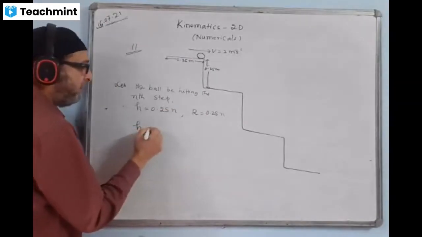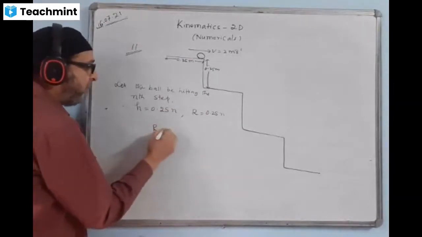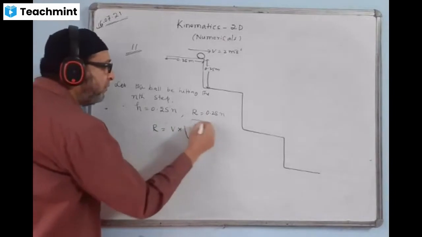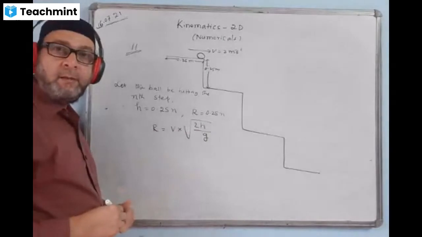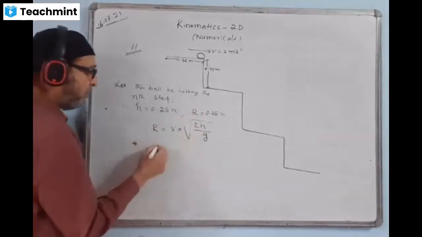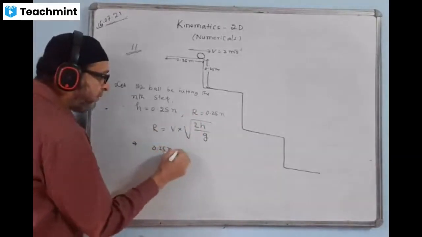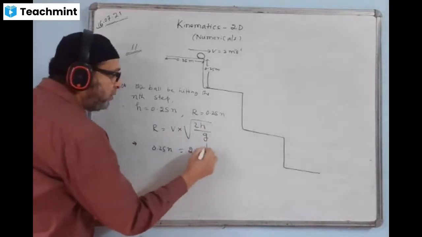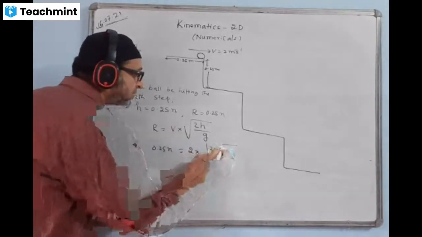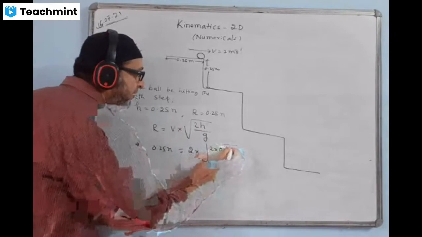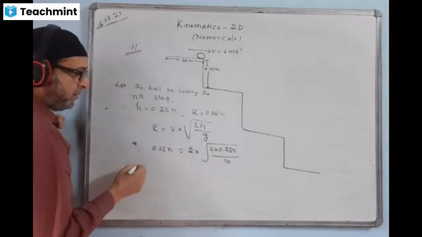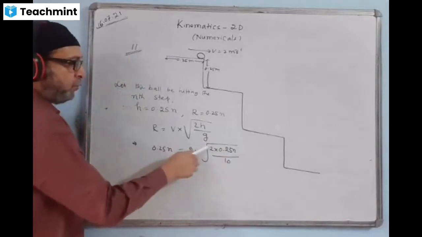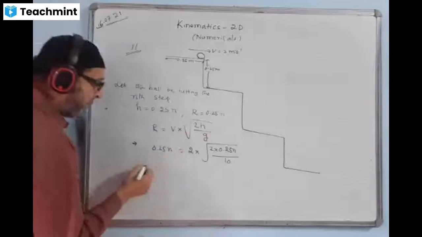What is the formula of range we have? Range formula: R equals v into root of 2h by g. I'll use this formula directly and put the values now. R value is 0.25 n. V is 2, square root of 2 into 0.25 n by g, g value 10, to calculate the value of n. So there is a root over here. I'll square both sides to get rid of the root.